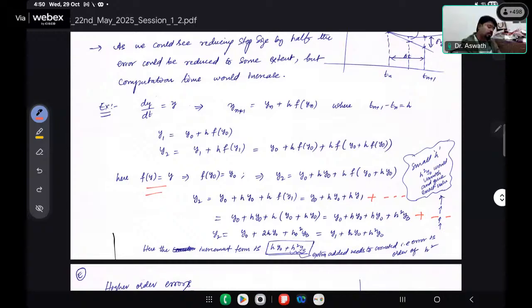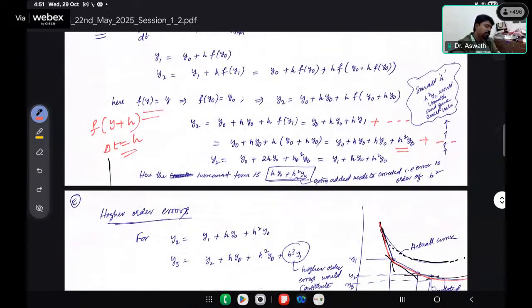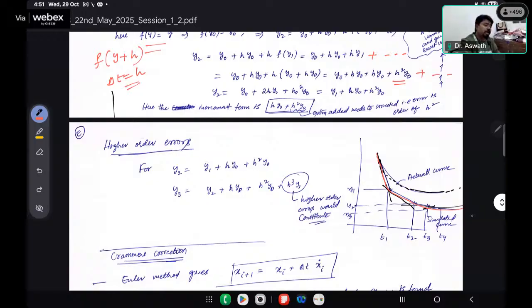But all those terms we are ignoring. We are even ignoring the h square terms itself. The small step size delta t is h, so I am expanding y plus h. Because of that, the error creeps in. I am going away and away from the curve.